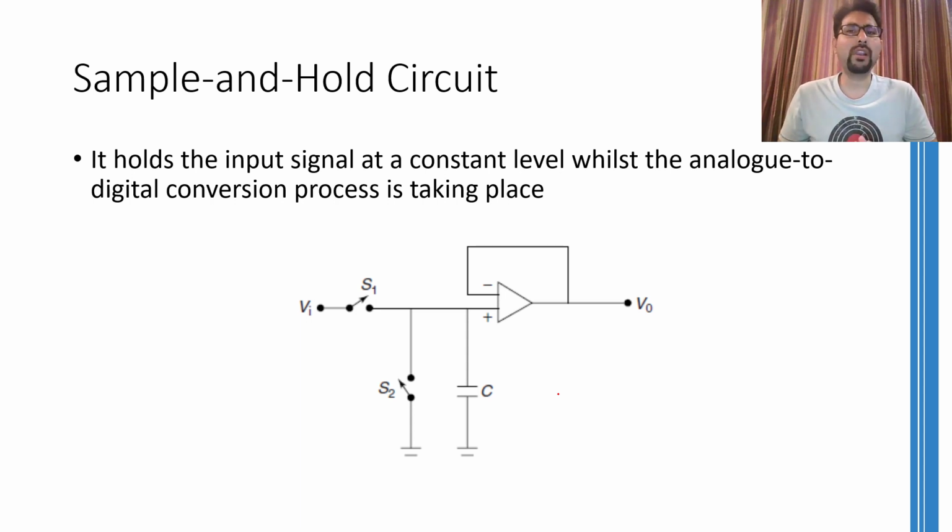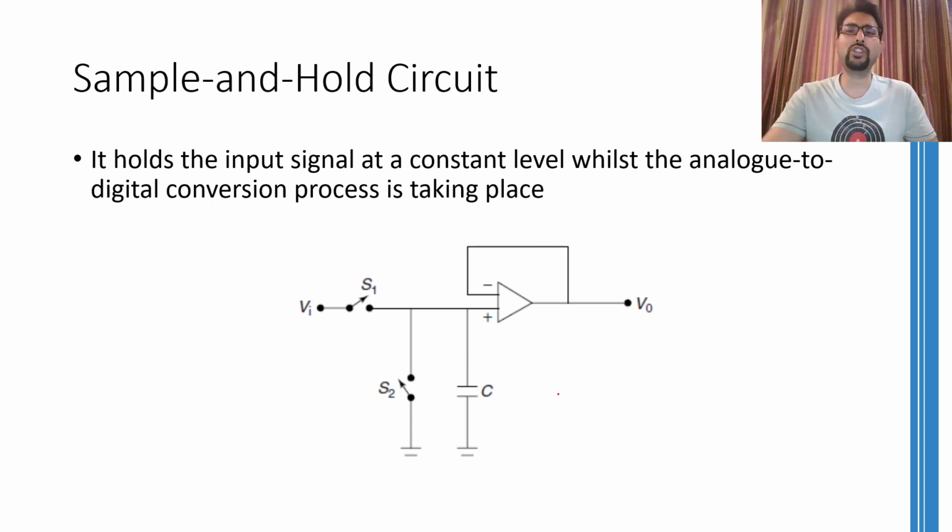One such sample and hold circuit is shown over here. The circuit is nothing but a voltage follower. If you close the switch S1, the capacitor will charge and apply a corresponding voltage at the non-inverting input of the operational amplifier. It is supposed that the switch S1 will be closed for a short interval during which the capacitor will get charged.